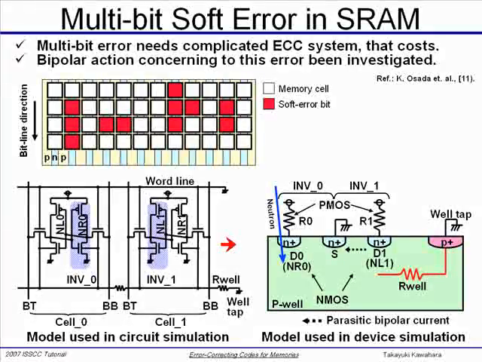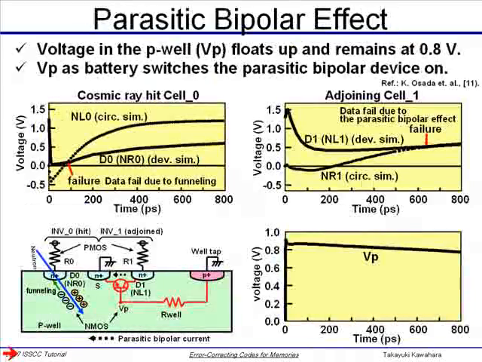So this slide shows the memory has a structure with very large resistance of the substrate that causes many adjacent errors. This report says once the cosmic ray creates a large portion of electron hole pairs, that introduces bipolar action, so they create a large number of errors.